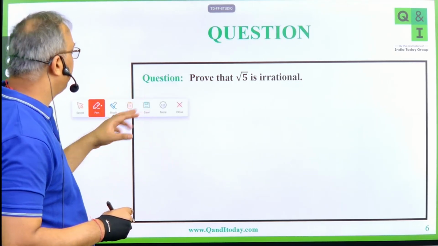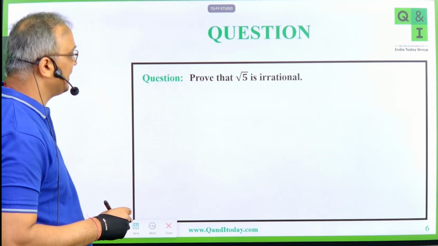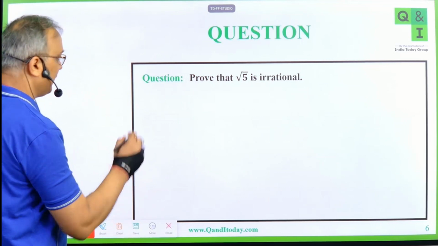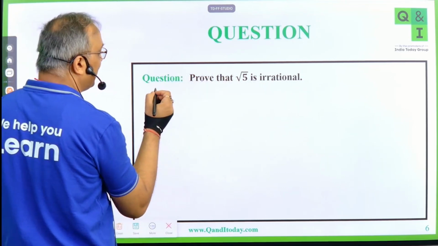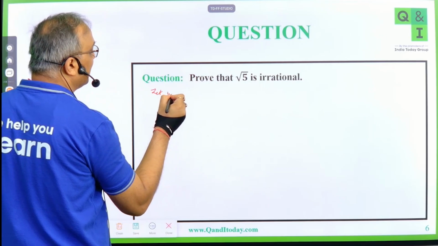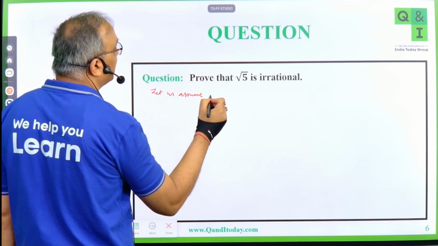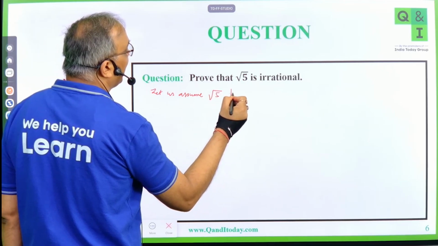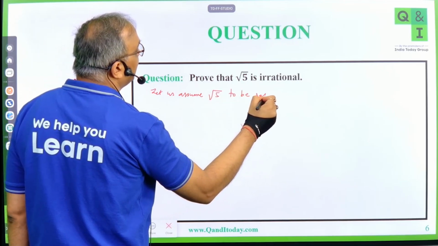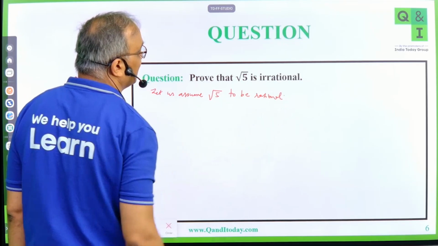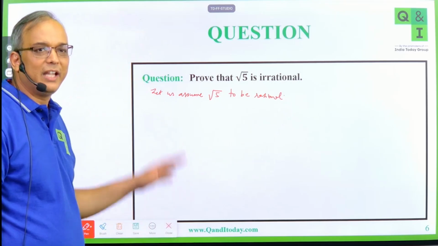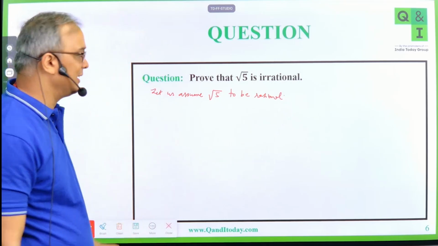We prove it by the contradiction method. So if we have to prove root 5 to be irrational, let us assume root 5 to be rational, right? So we have assumed root 5 to be rational.